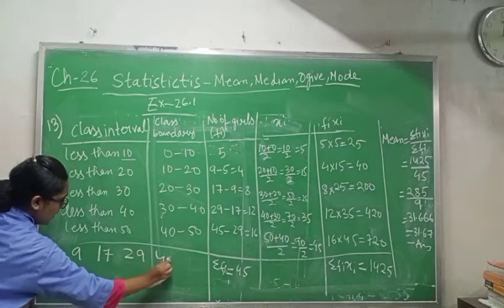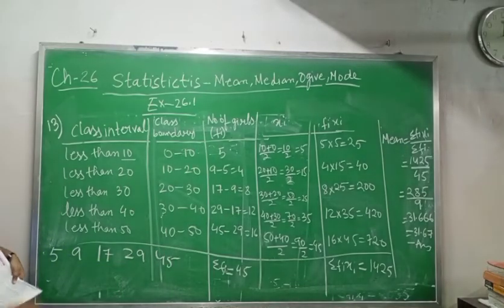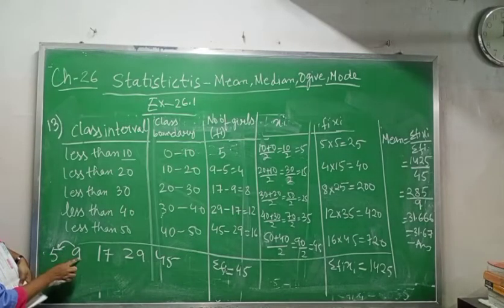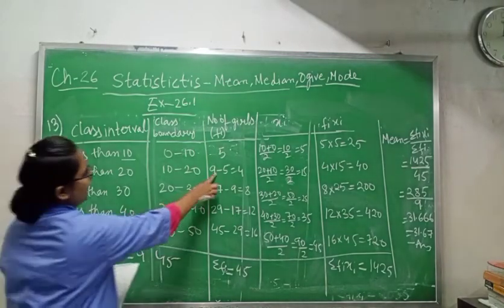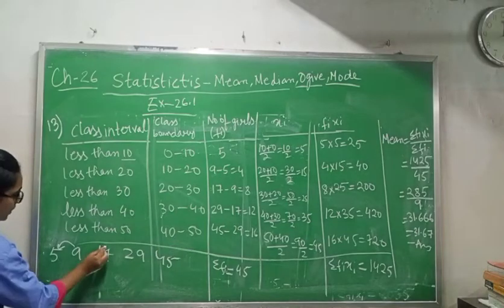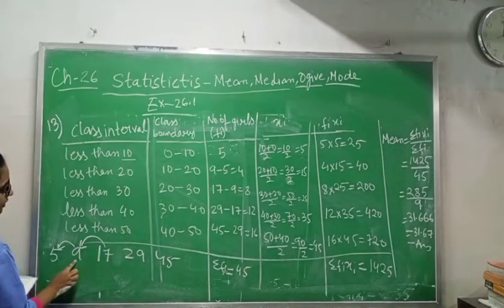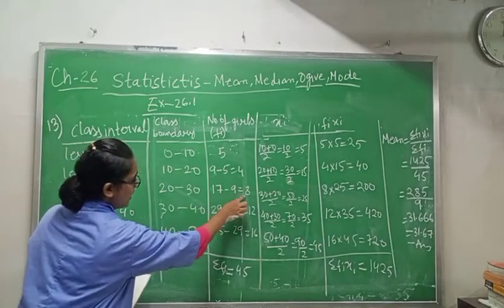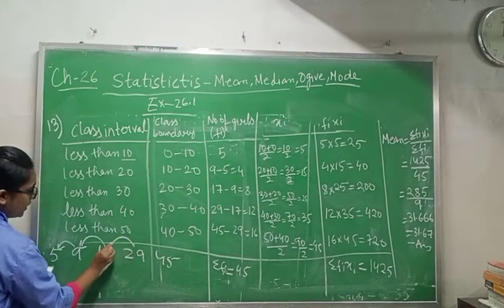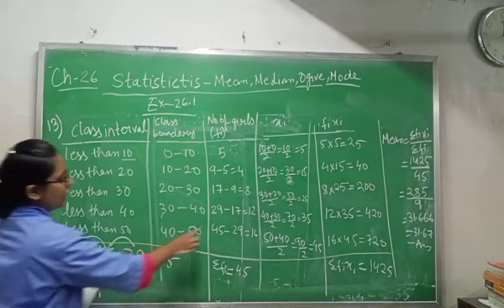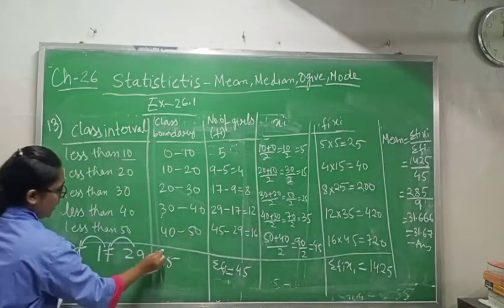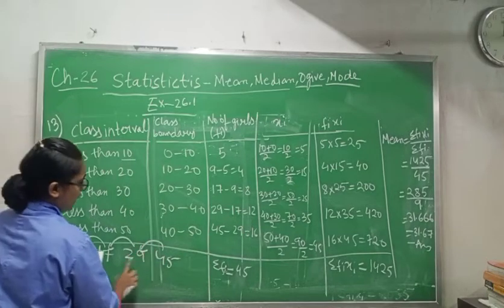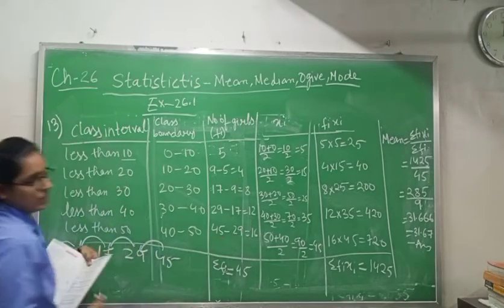So the first one you will write as it is. Now you will subtract this with this. 9 minus 5, 4. Then 17 minus 9, 8. Then 29 minus 17, 12. Then 45 minus 29, you will get 16.